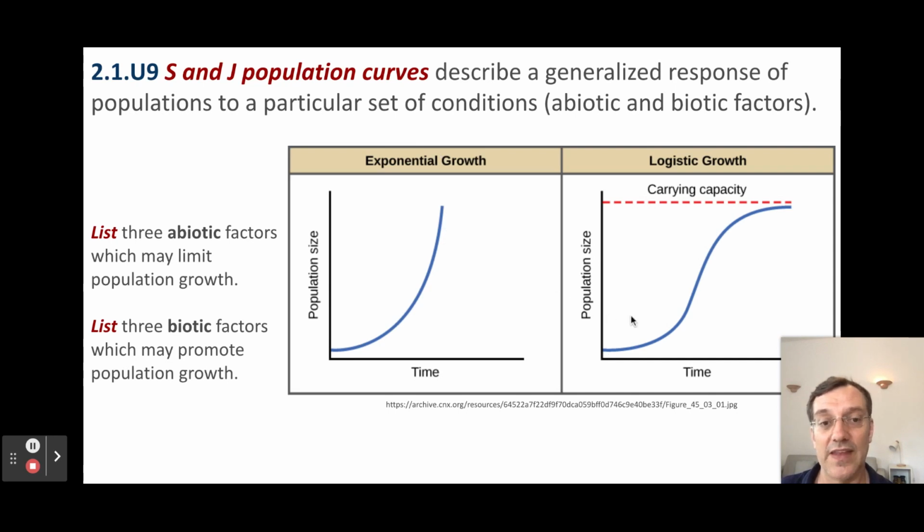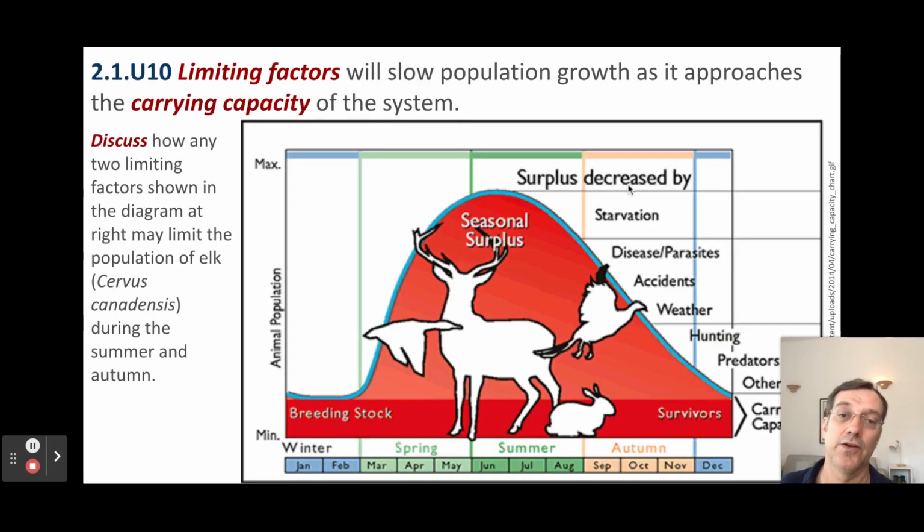Whereas the S curve, the population increases quite rapidly at first, but then its increase begins to level off till it settles right around that carrying capacity. So here are those limiting factors. How do limiting factors increase pressure, the selective pressure on populations to create this idea of a carrying capacity?